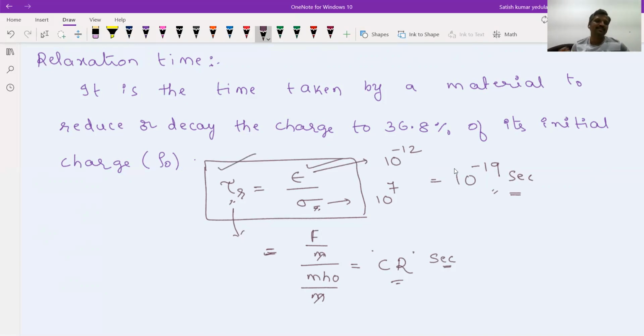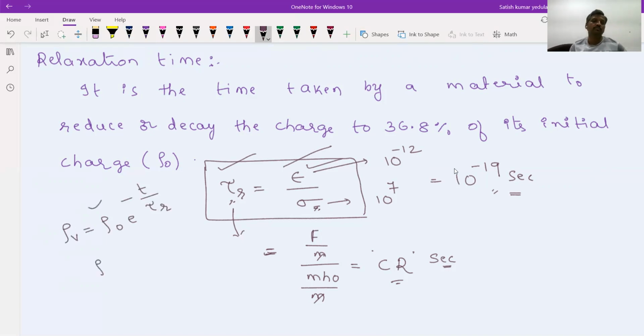So you should at least remember the expression, because you may get problems on this epsilon by sigma, which is relaxation time. Not a direct problem, you will get a little bit twisted problems. If you remember rho v is equal to rho naught into e power minus t by tau r, you can solve any problem, because this is also important.